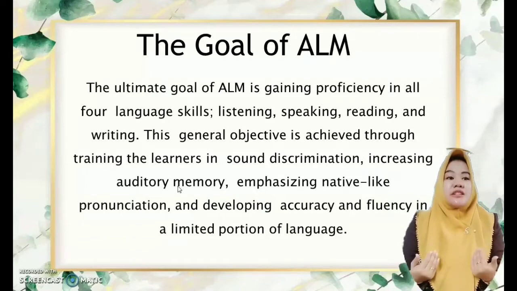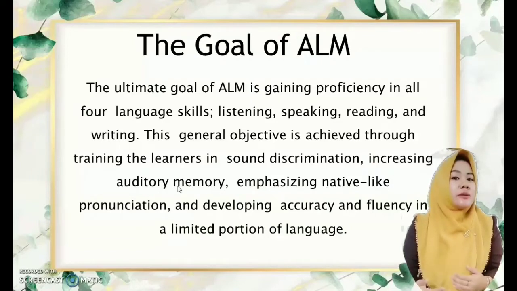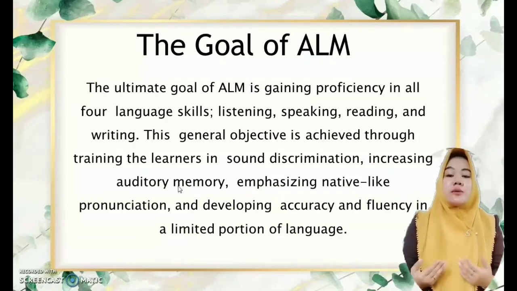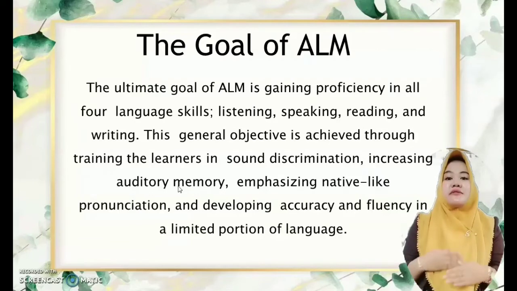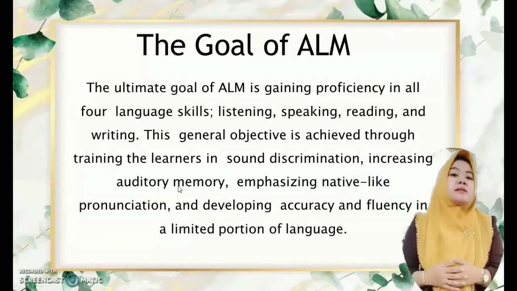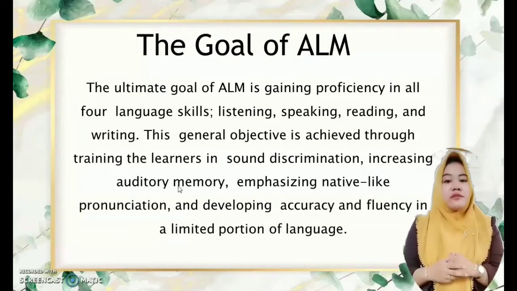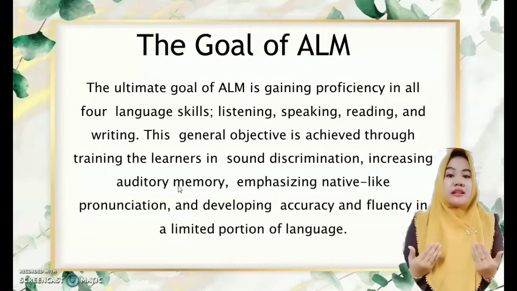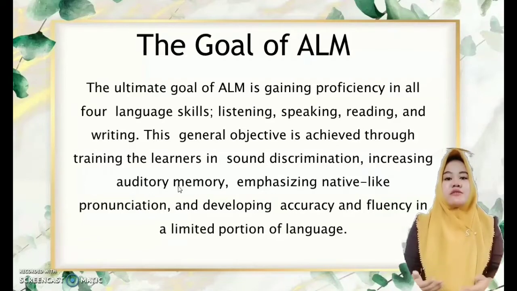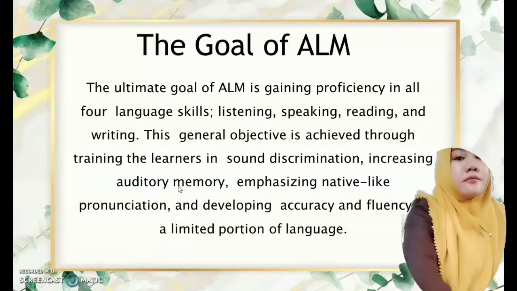The general objective is achieved through training the learners in sound discrimination, increasing auditory memory, emphasizing native-like pronunciation, and developing accuracy and fluency in a limited portion of language. So in other words, the goal of the audiolingual method is to use the target language communicatively and automatically.